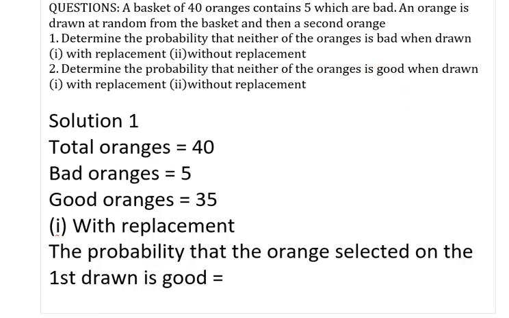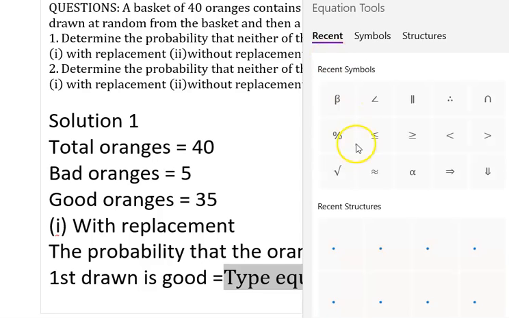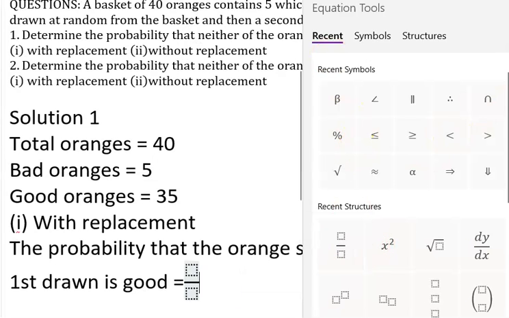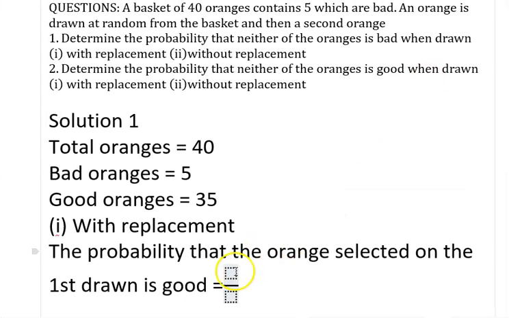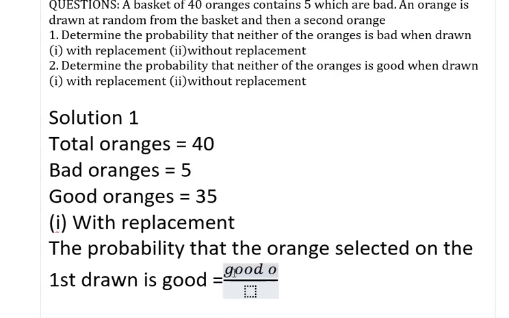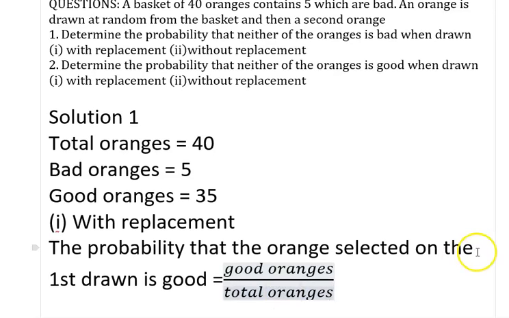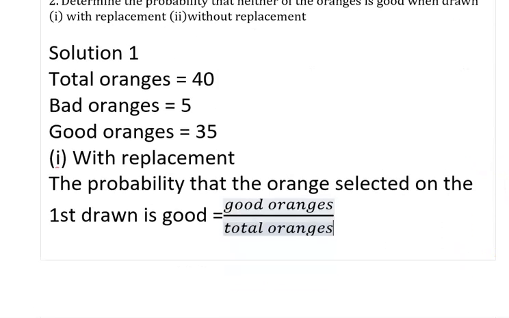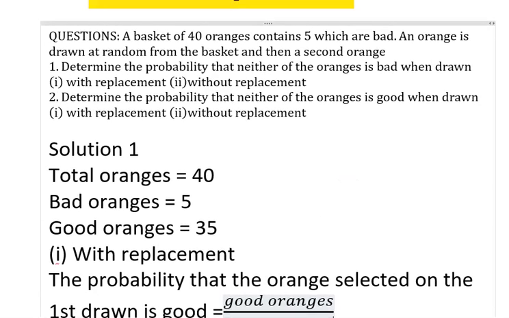So what we just do is, let's get a template. So we just say good oranges over total oranges. Because that's what the question is asking from us. The question says we should determine the probability that neither of the oranges is bad.